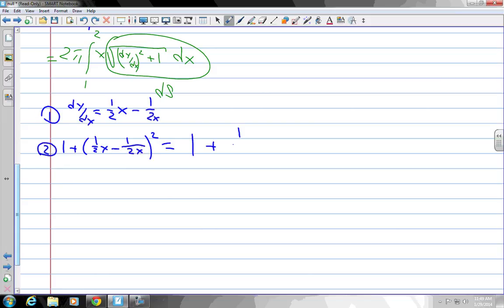Maybe I shouldn't have. What's the middle term? Oh, so it does work out. So it's 1/2. So we'll want to have that 1/2 in there, plus 1/4x squared. So when you combine like terms, it's 1/4 x squared plus 1/2 plus 1/4x squared. So that's a perfect square.